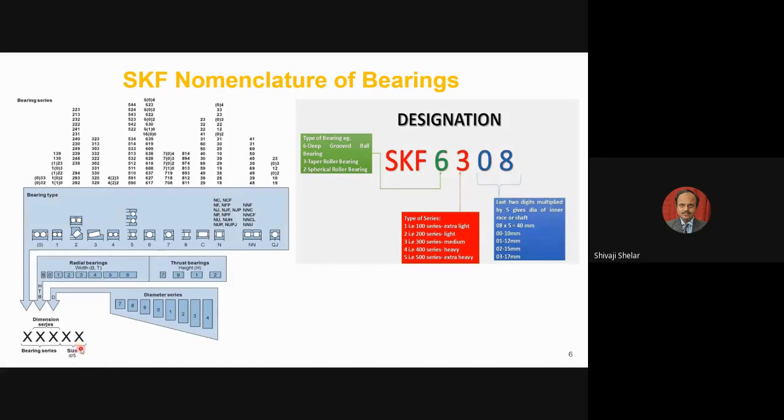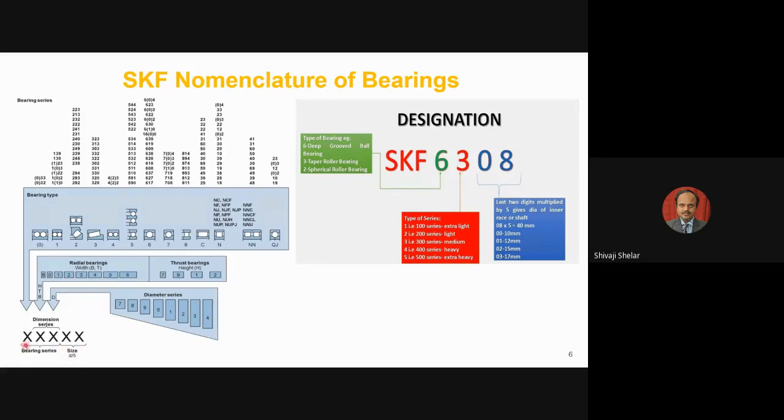So they will have 07, 08, 10, and this can be taken up to 99. So 99 into 5 gives around 450 mm, and no bearing above 500 mm diameter will use a rolling element. It is a very, very rare special application; only above 500 mm shaft diameter will they use the rolling contact bearing.